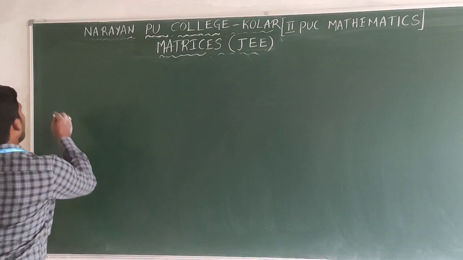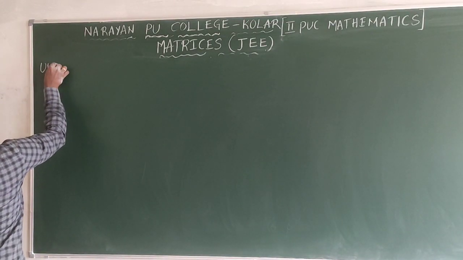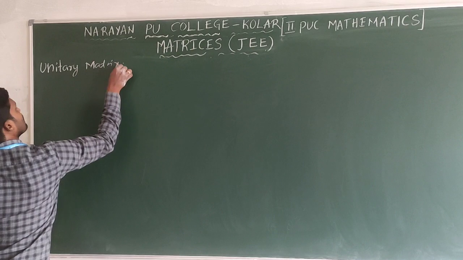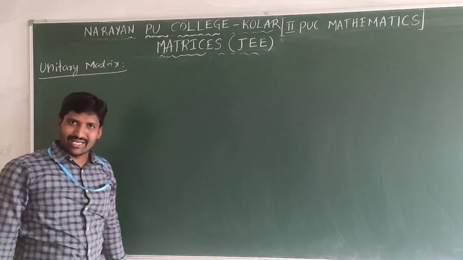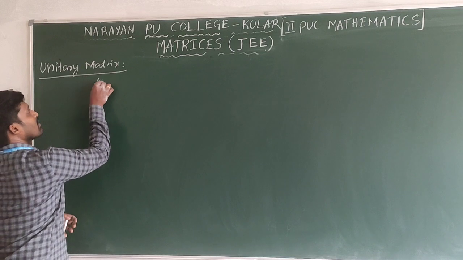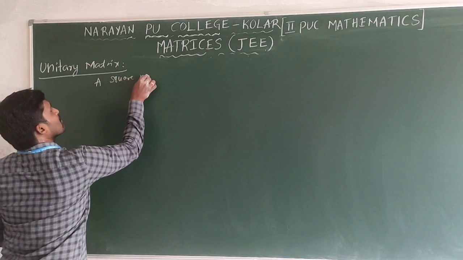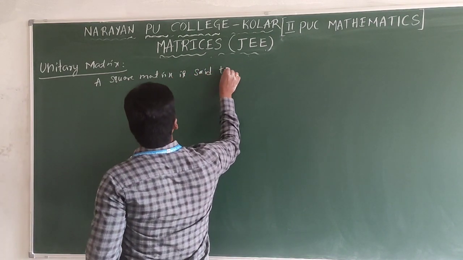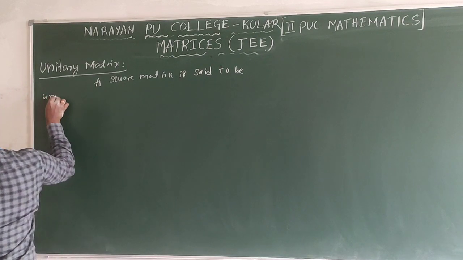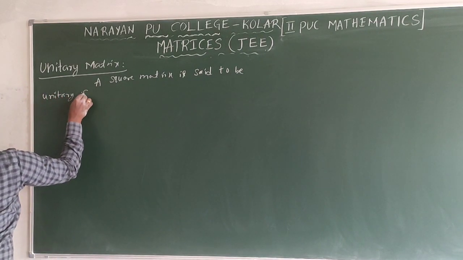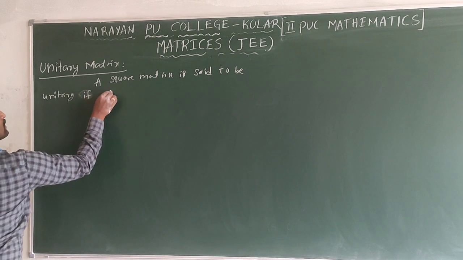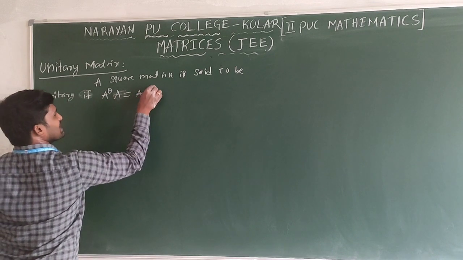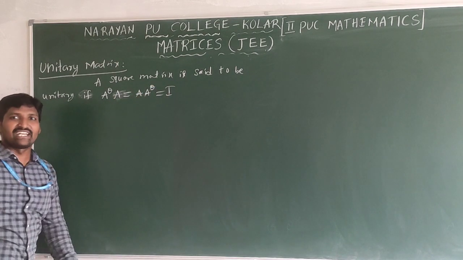Next one, unitary matrix. A square matrix is said to be unitary if A power theta into A, or A into A power theta, is equal to the identity matrix.